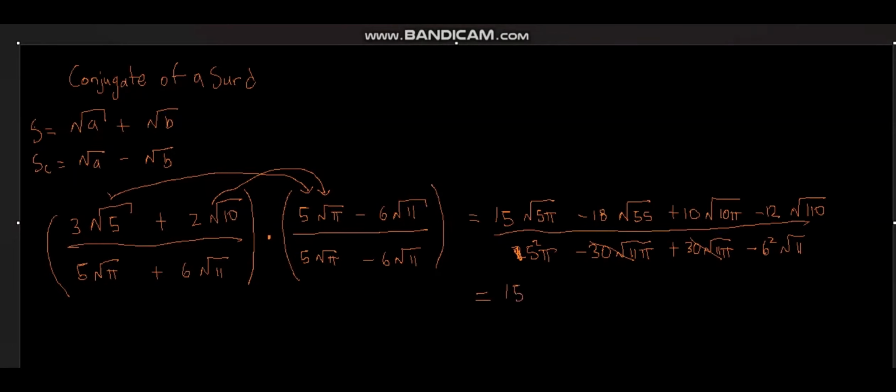So we get 15 root 5 pi minus 18 by 5, plus, this would just be 10 root 10 pi, minus 12 square root of 110.